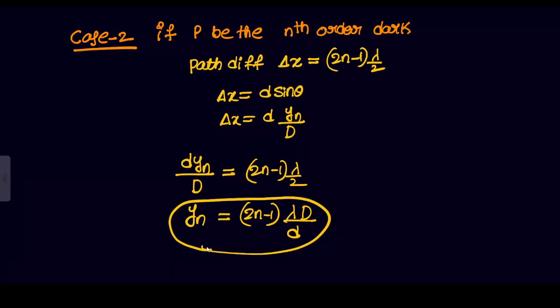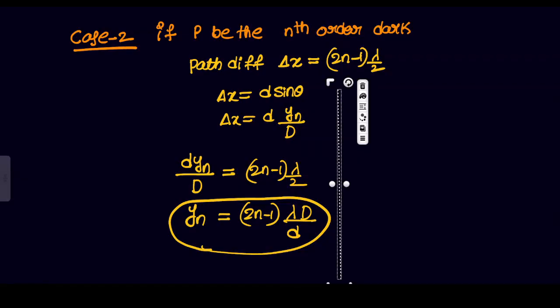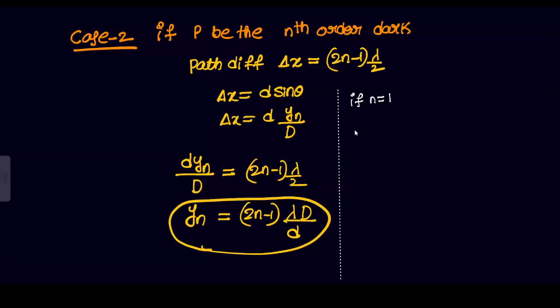If I want the first order, n value 1; for the second order, n value 2. If I put n equal to 1, then y1 is lambda capital D by 2d. This is called the first order dark.